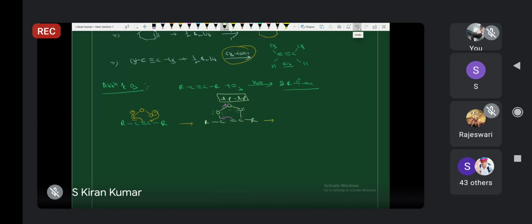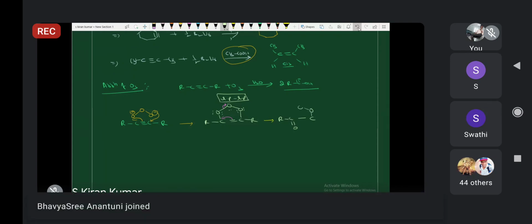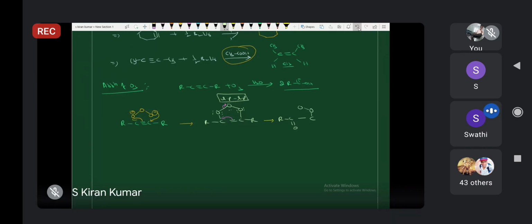R, C double bond O, and C. Oxygen has a negative charge here, and the carbon, after electron transfer, has a positive charge.